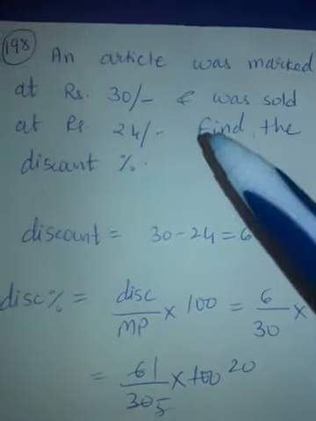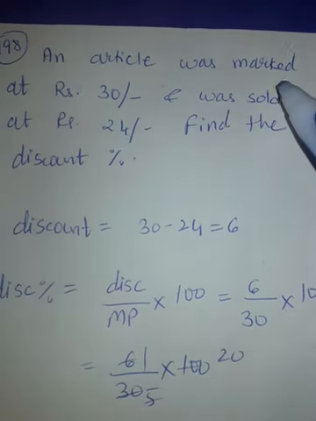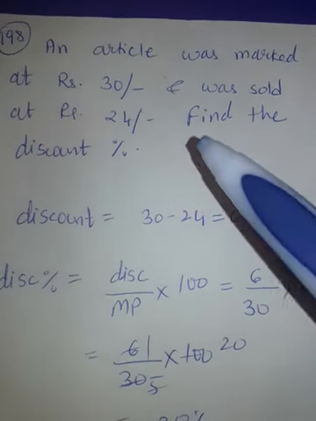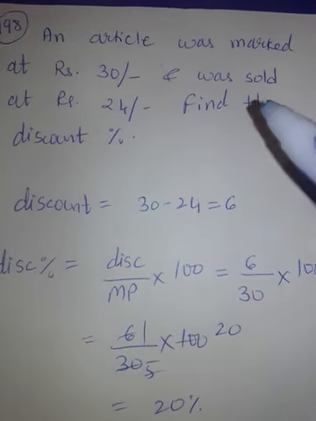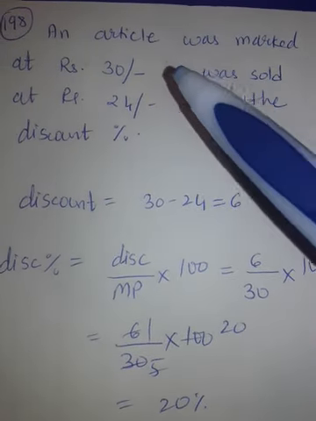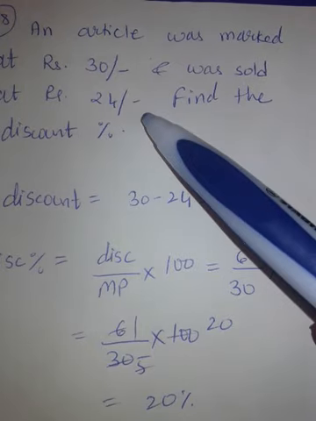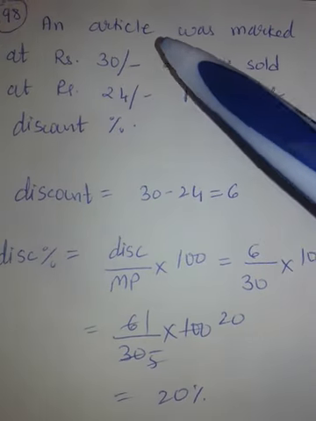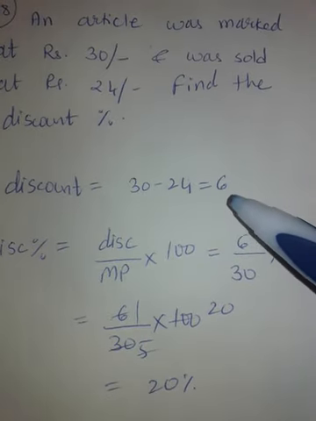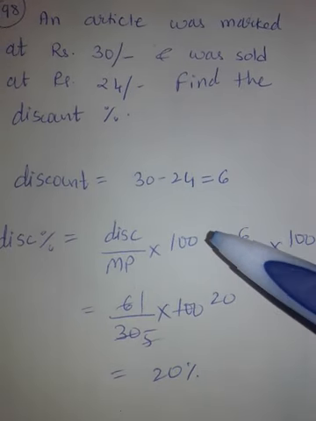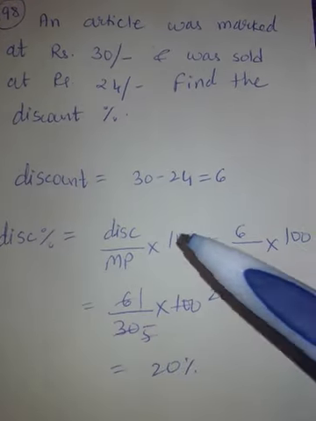One more basic sum. An article was marked at rupees 30 and was sold at 24. Find the discount percent. So what was the discount? 30 minus 24, isn't it? The shopkeeper marked it at 30 but sold at 24 only. So he gave a discount of 6 rupees. And how do you find discount percent?